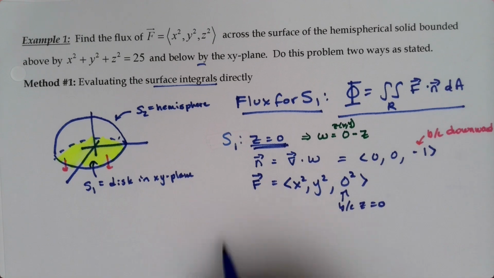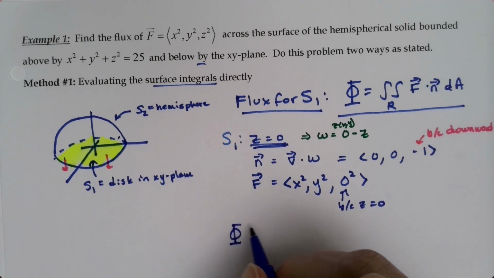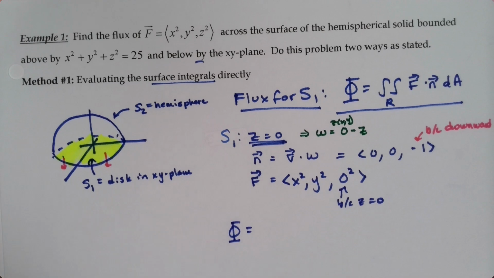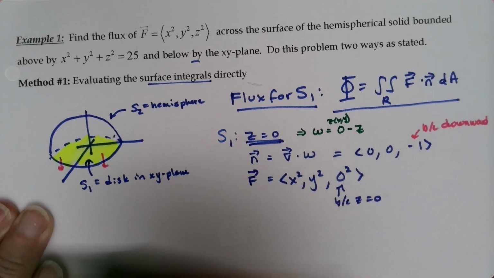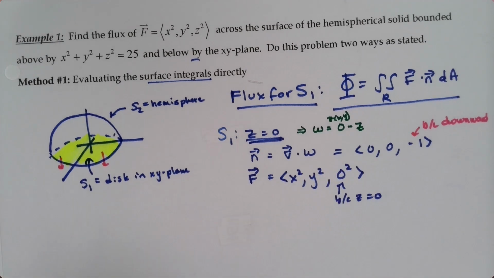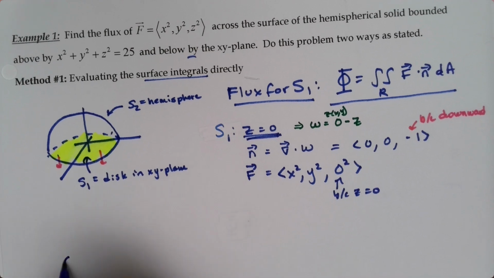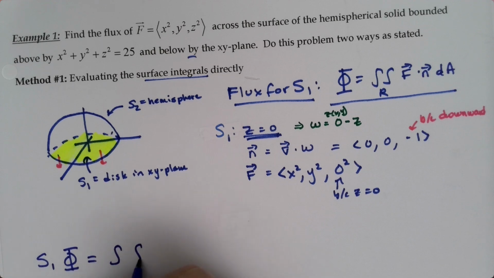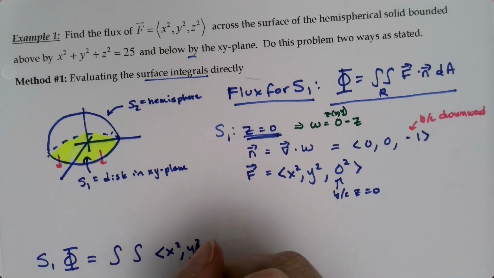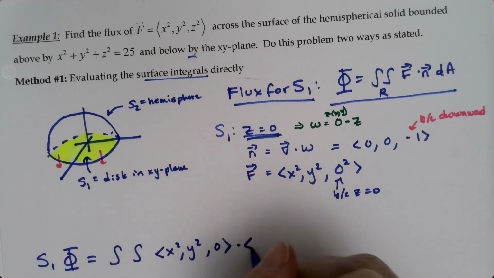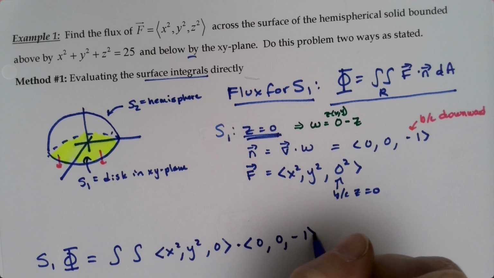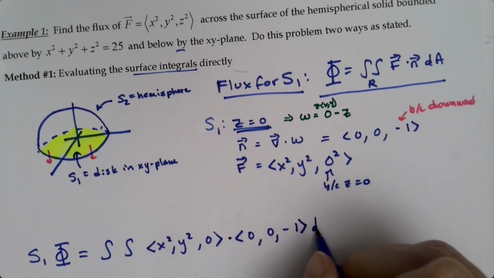Now when we want the flux, let me put it right over here. The flux for surface 1 is equal to the double integral of F, which is x squared, y squared, 0, dot product with 0, 0, -1, dA.